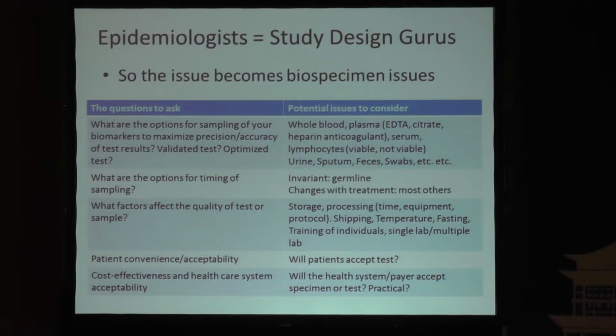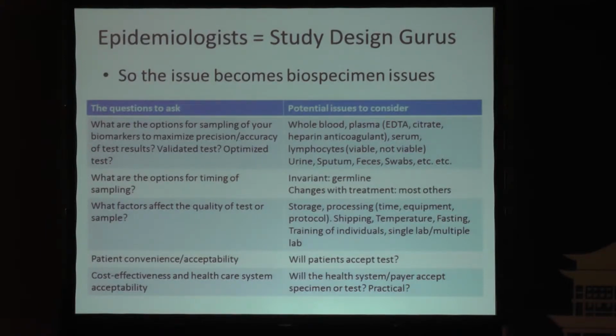You would want to know, for instance, is it whole blood or plasma? Whether it's EDTA, citrate, or heparin anticoagulant, serum. Are you interested in lymphocytes, for instance? Or are you interested in urine, sputum? Or right now in cancer, the big thing that we're really interested in, unfortunately, is feces, because we're studying the microbiome. And feces is one of the easiest ways for us to figure out what type of bacteria are in our bodies at any one time.